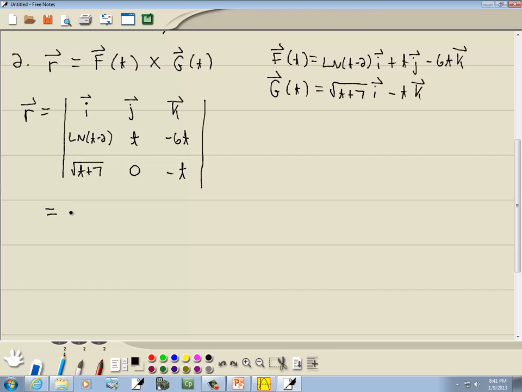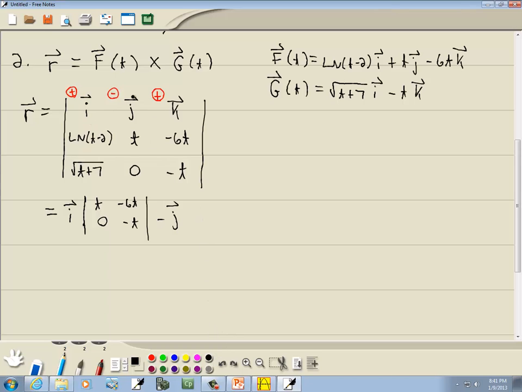Okay, so again, working with i, we cross out that row and that column, and so we're left with t, negative 6t, 0, and negative t. Minus j. The signs change. This first one would be positive. This is negative, and then positive. It always alternates, and the first one's always positive.